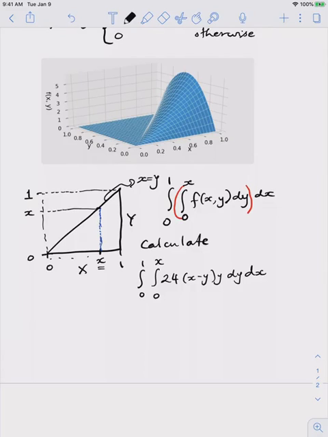I will invariably do these without this leading constant, and then deal with the constant at the end. So I'm going to look at the integral of everything except the factor of 24.